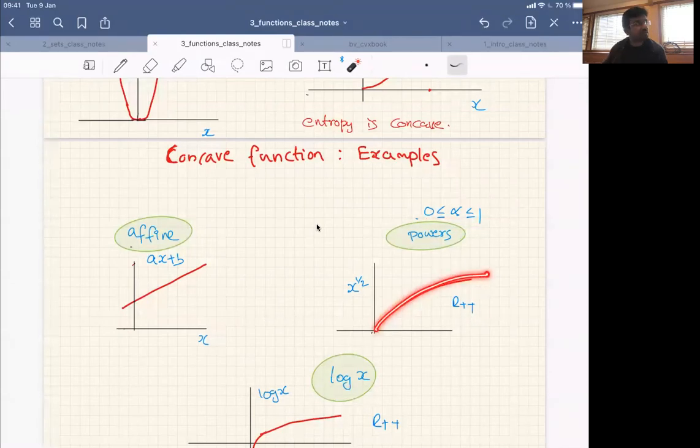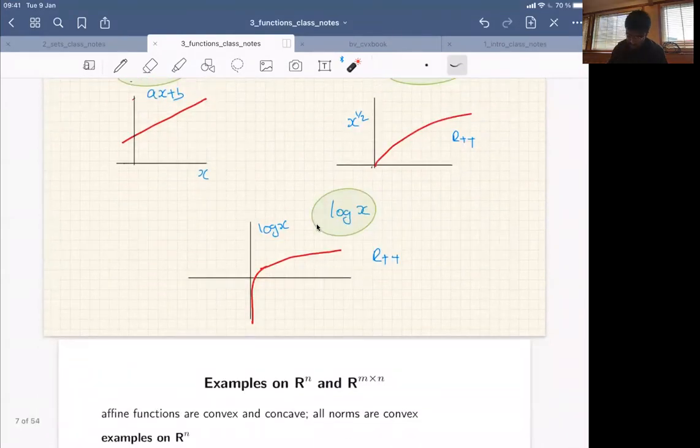So this one, okay. Here this is root of x, okay. This is a concave function because the line lies below the graph. Very important thing. Another is log x. Log x is a concave function which has this shape.